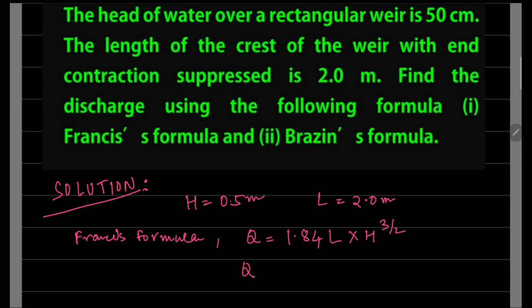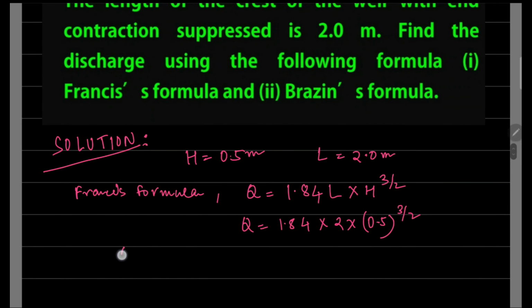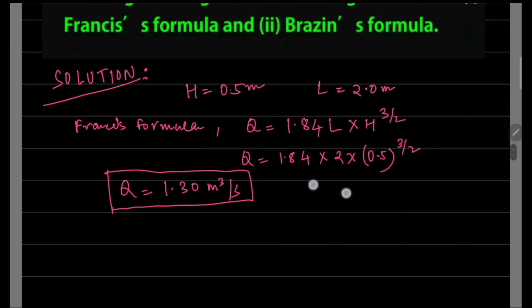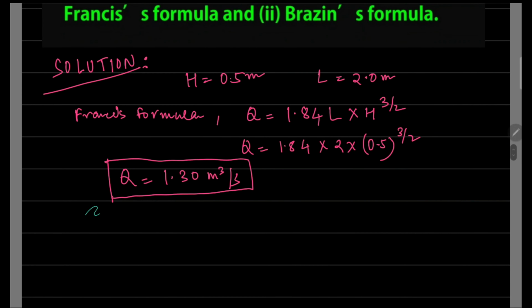So Q will be 1.84 multiplied by L is 2 and H is 0.5 raised to the power 3 by 2. If we solve this equation, we will get Q is equal to 1.30 meter cube per second. And in the next section, we will solve the same problem using the Bazin's formula.